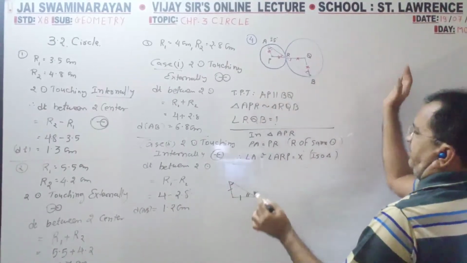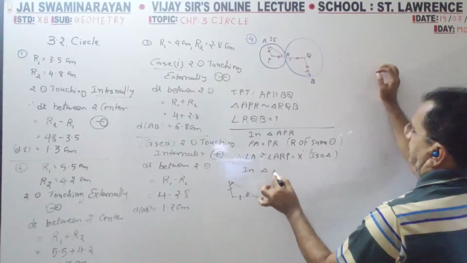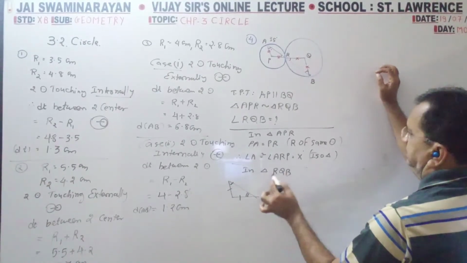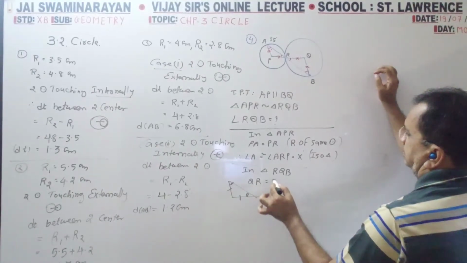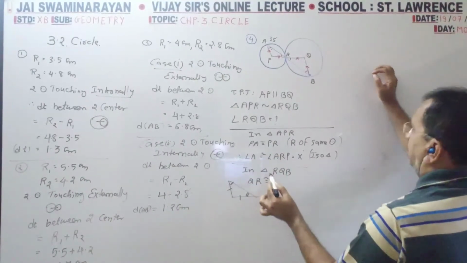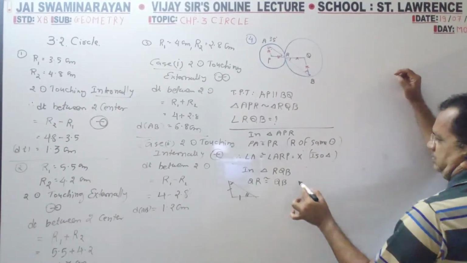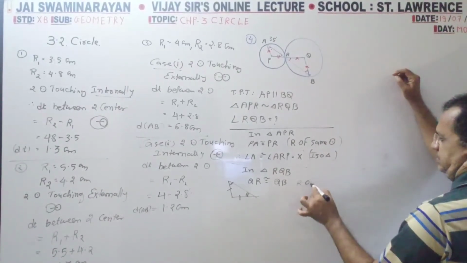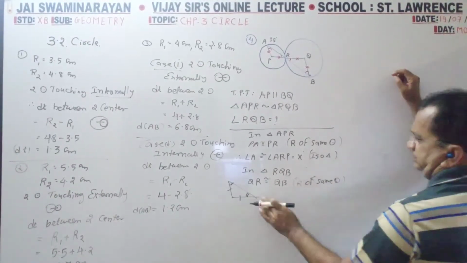Now same I will write for triangle RQB. QR congruent QB, radii of the same circle.